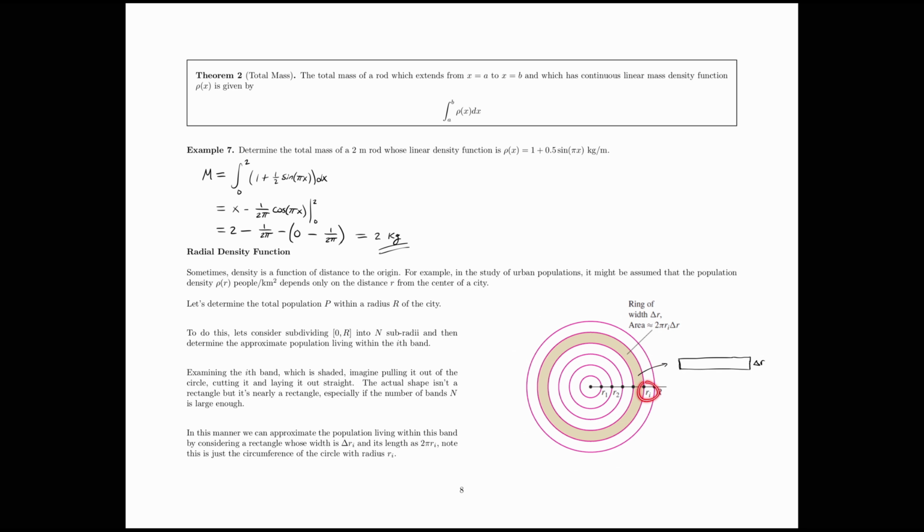So let's just say r sub i. We can say it's the circumference of that circle, whose radius is r sub i. The circumference is 2 pi times the radius, so 2 pi r sub i.